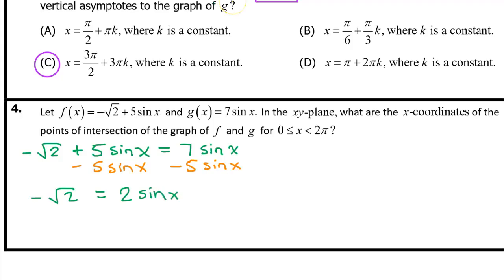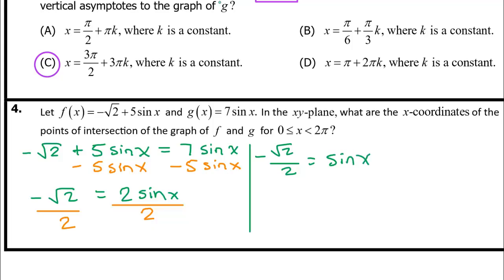Next, we will isolate the sin x by dividing both sides by 2. So on the left side, we now have negative radical 2 over 2 is equal to sin x. I'm just going to flip this around.